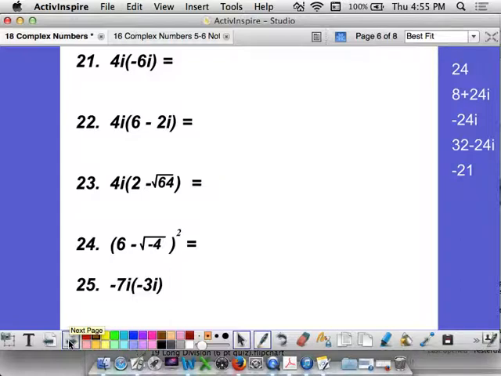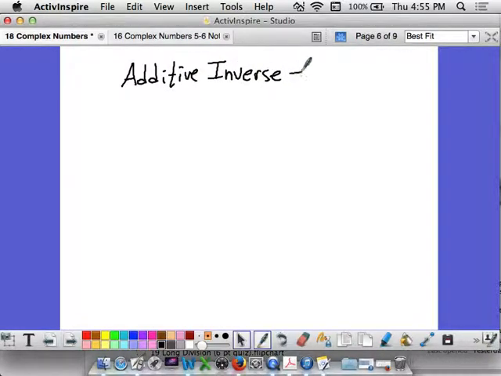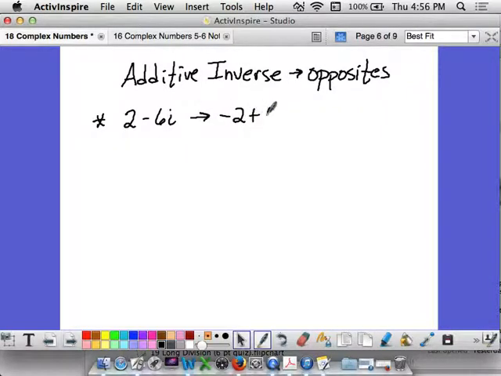One of the things that I had written on there that I wanted to remind you of is the additive inverse. And I'm just going to pull that in right here. Another word for additive inverse is simply opposites. If I have the complex number 2 minus 6i, the additive inverse is negative 2 plus 6i.